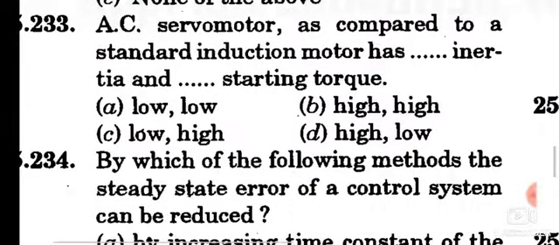Question number 233. An AC servo motor as compared to a standard induction motor has dash inertia and dash starting torque. So, option C is the correct answer: low inertia and high starting torque.